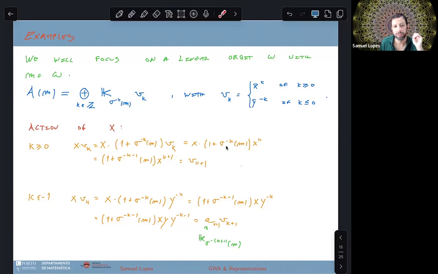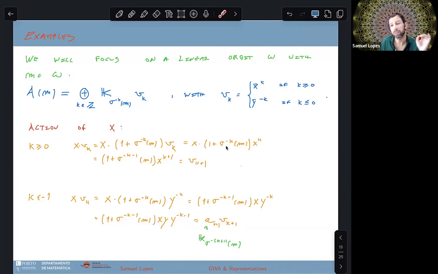But since k is -1 or smaller, there's at least one copy of y here. So I can isolate one copy of y and leave the other copies of y here, but x times y is equal to a. So this y to the minus k minus 1 is really just the Vk plus 1 in this definition here, but there's an a appearing.